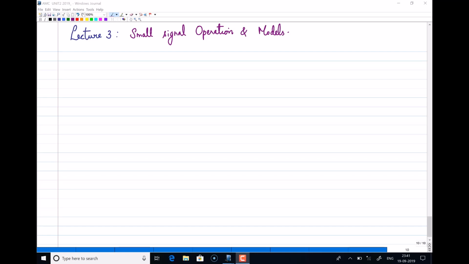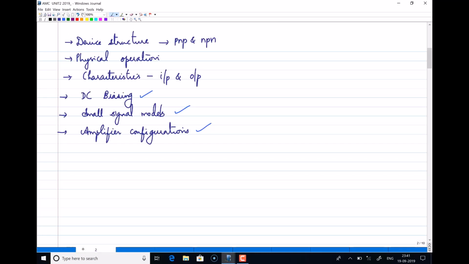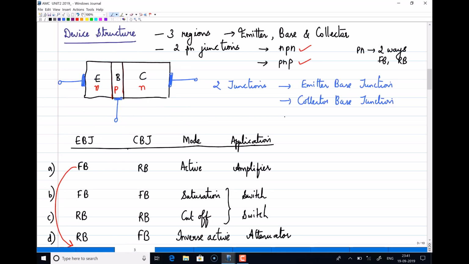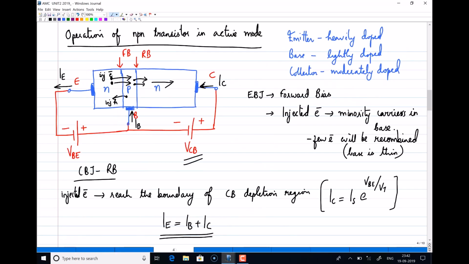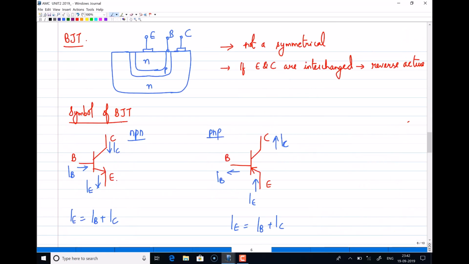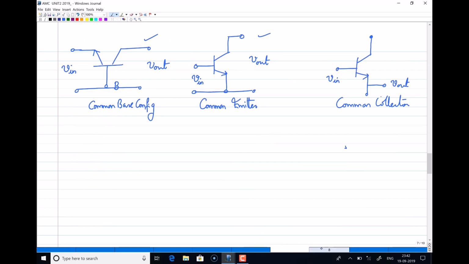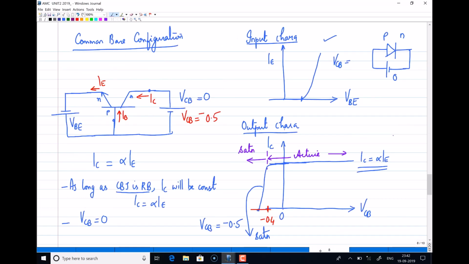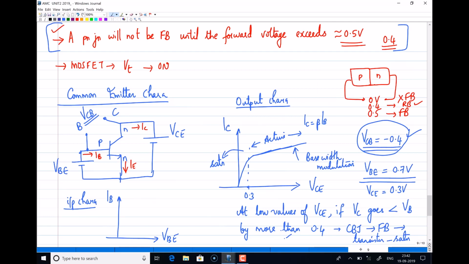In the first lecture of Unit 2 we have seen the bipolar junction transistor, its device structure, physical operation, the different modes of operation, the three configurations and their characteristics, the common base input and output characteristics, and the common emitter input and output characteristics.